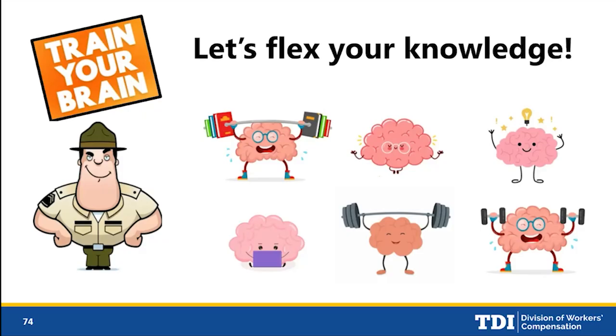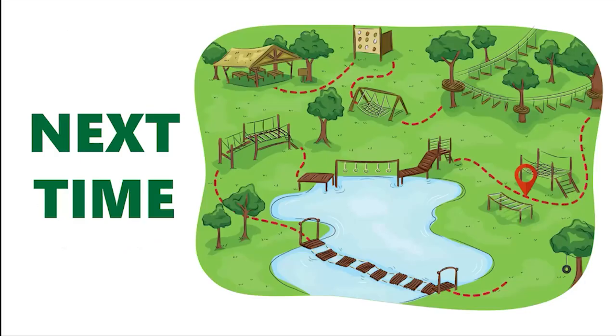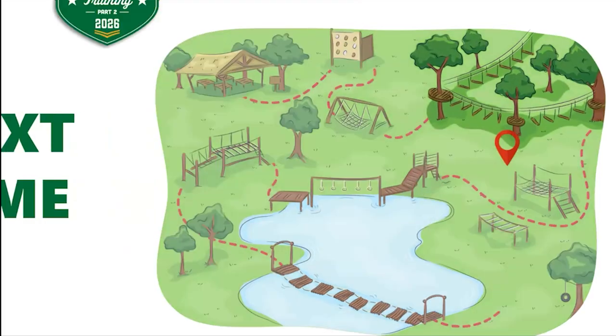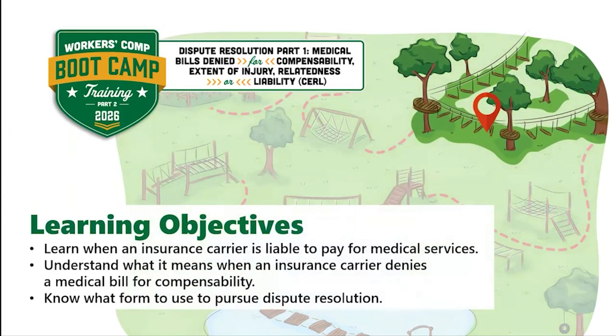All right. Next time, we're going to be reviewing the denials based on compensability, extent of injury, and relatedness or liability.